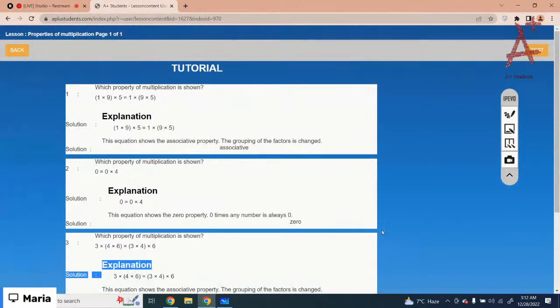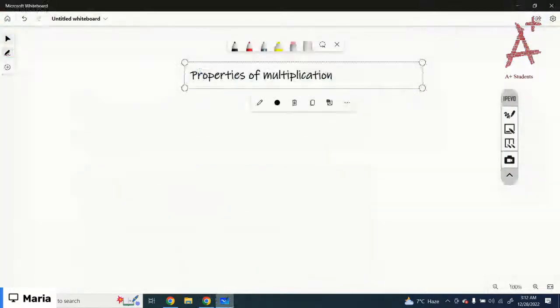Okay, so the properties of multiplication. The first one is the commutative property of multiplication.